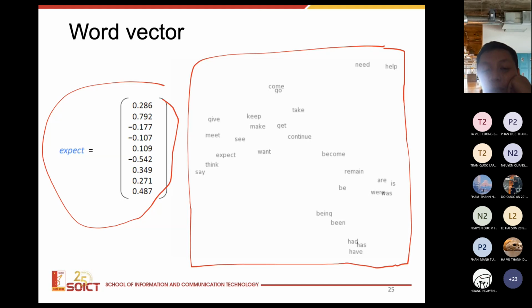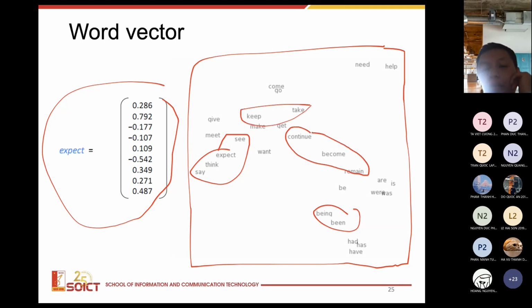For example, say, think, expect, see, right? And is, being, been, right? And continue, become, remain, right? Okay, keep, take, make, get, one. So somehow this is to say that the word vector can represent the word's meaning, all right?